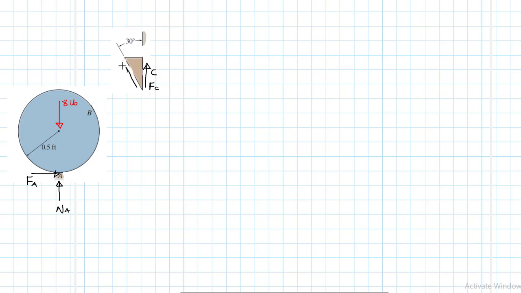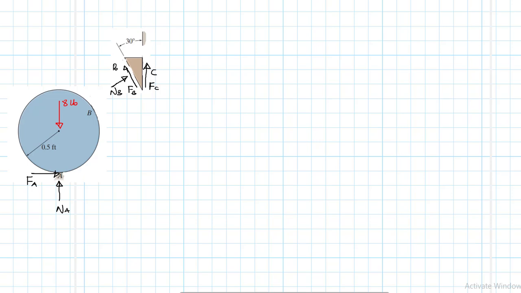Like I said, this point is B. As the wedge is being placed downwards, we expect these friction forces Fb and Fc and their respective normal forces. This normal force is Nb, coming from the point where the wedge is in contact with the cylinder. This is mainly due to the weight of the wedge.